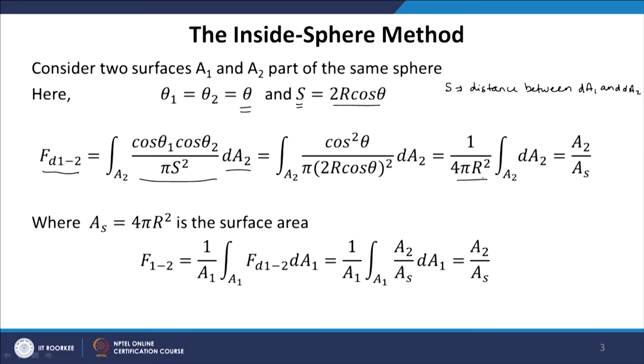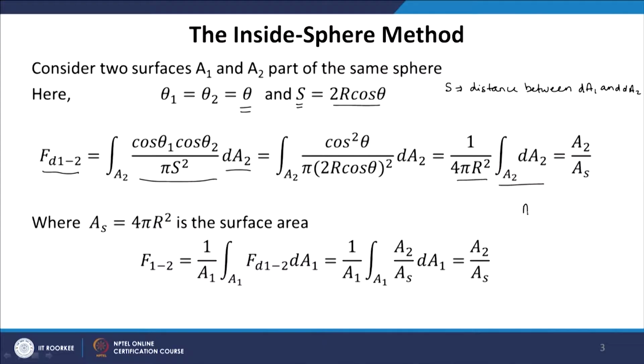The r is independent of the integral, so it can be taken out. So, 1 upon 4 pi r square and then integrated over the surface area A2. The integral of dA2 is simply the surface area A2. So, we get the view factor between the small element dA1 and the entire surface A2 equal to A2 upon AS, where AS is the surface area of the sphere.